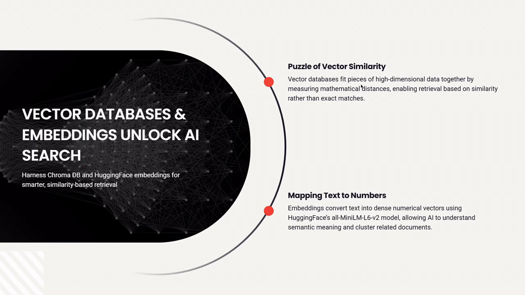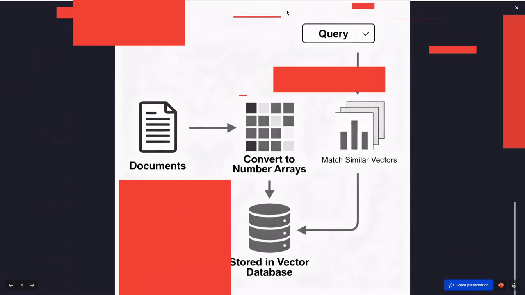Vector databases fit pieces of high dimensional data together by measuring mathematical distances, enabling retrieval based on similarity rather than exact matches. In our traditional databases, we have exact match, that is we have a primary key or where clause, but here in a vector DB you get the most similar thing, and we have used the HuggingFace model for this.